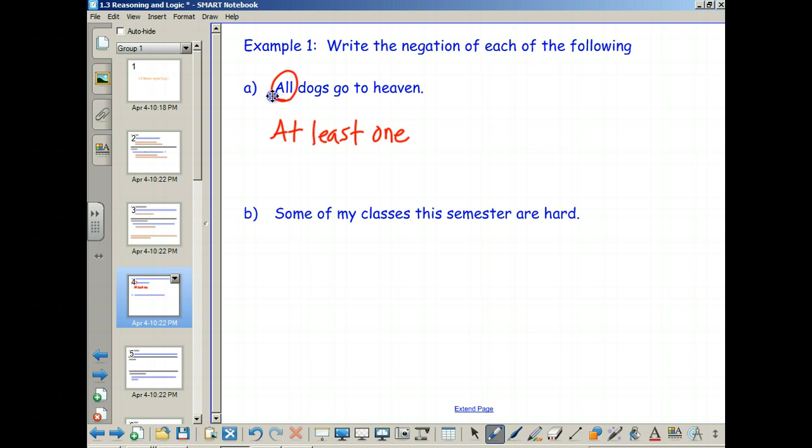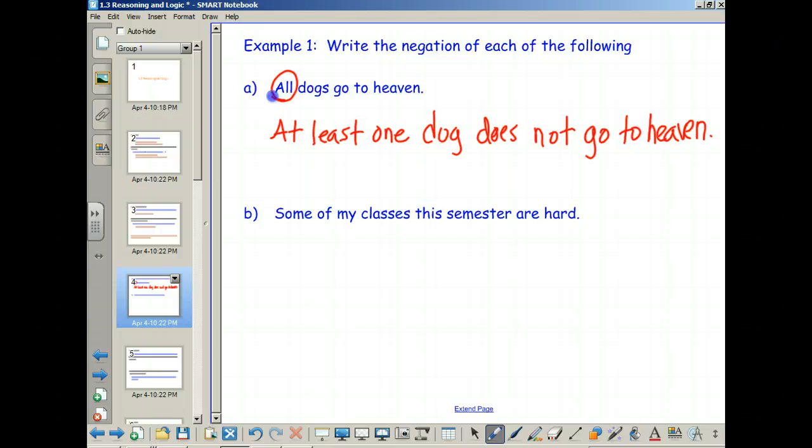So we're going to say at least one dog does not go to heaven. So all turns into at least one. Or you could say something like, some dogs do not go to heaven. Or there exists a dog that does not go to heaven. Any of those would work.